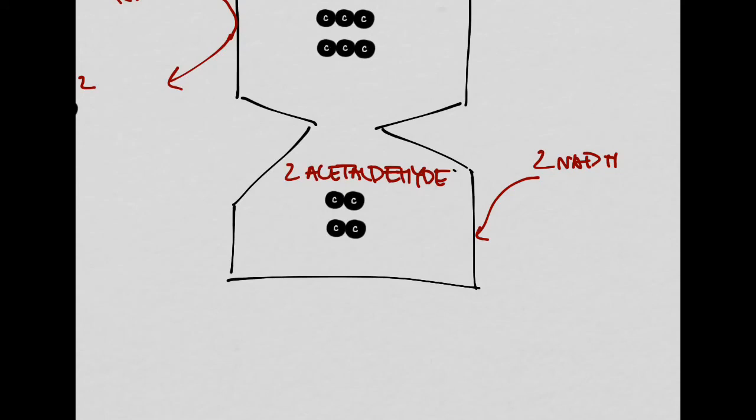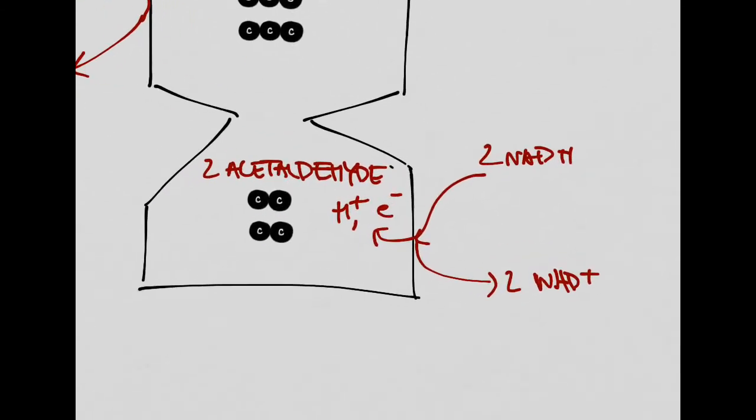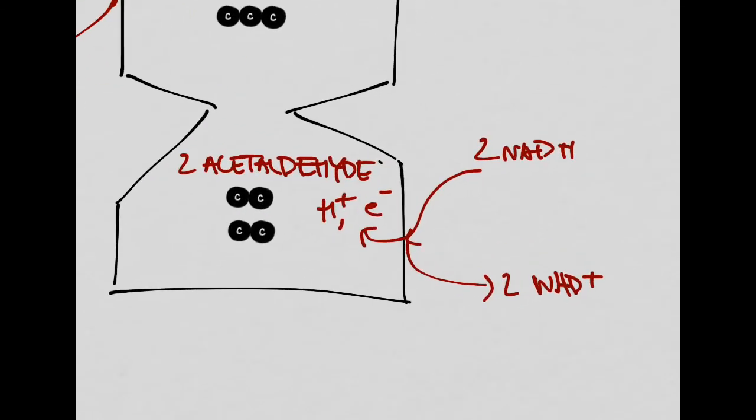It's going to drop off hydrogen ions, protons and electrons, and pop out 2 NAD+. So this NADH is oxidized. It loses electrons, and this acetaldehyde is reduced.